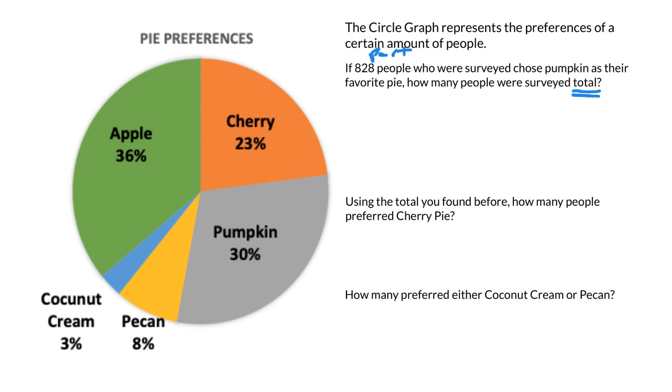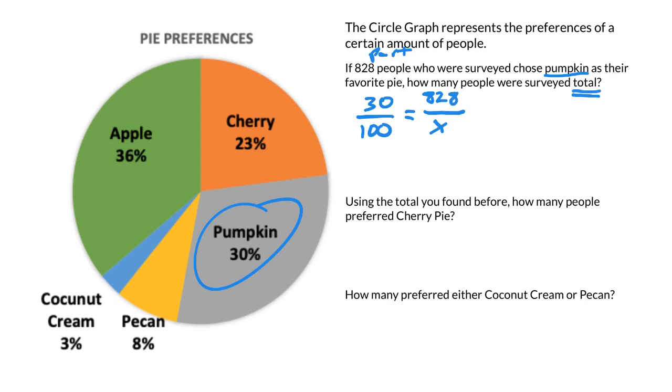Okay, so pumpkin is 30%. 30% out of 100 equals what out of, I don't know how many total, but I know that 828 people like pumpkin.